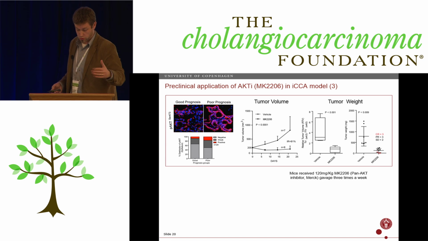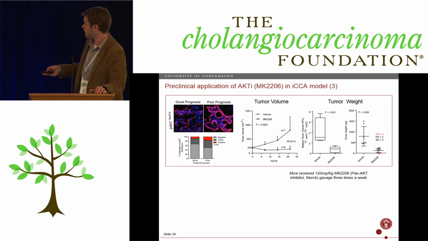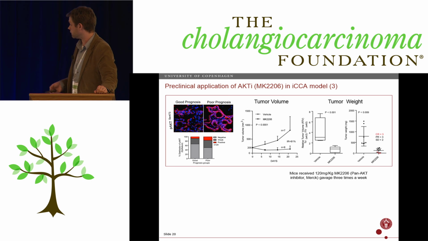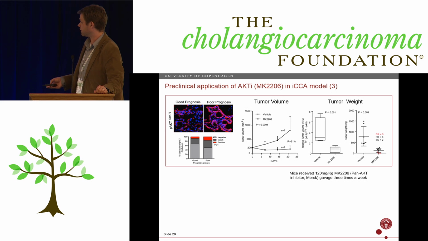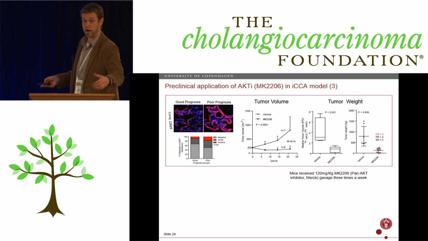And then in total, we saw in the same model as before an inhibition rate of 81% between the control and the treated arm, and that also translated, of course, to a different size in the tumors. And to steal a little bit of nomenclature from the clinicians, we actually saw a complete response in 3 cases where we basically could not find the tumors anymore.